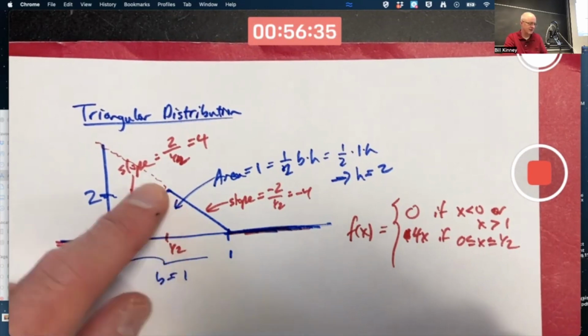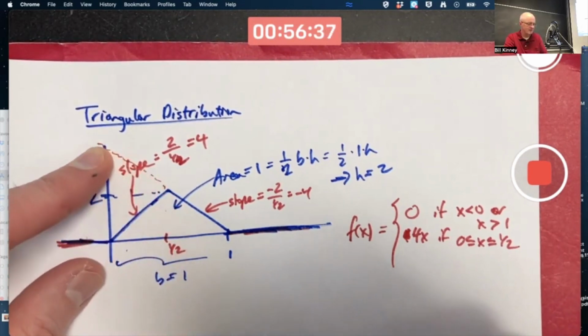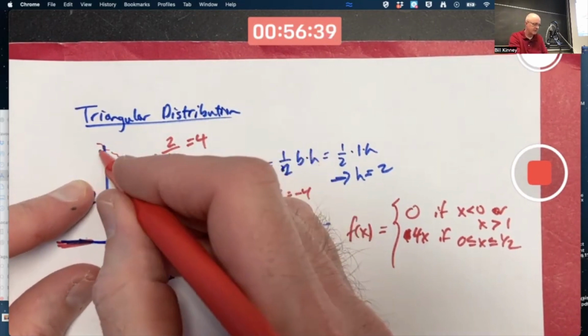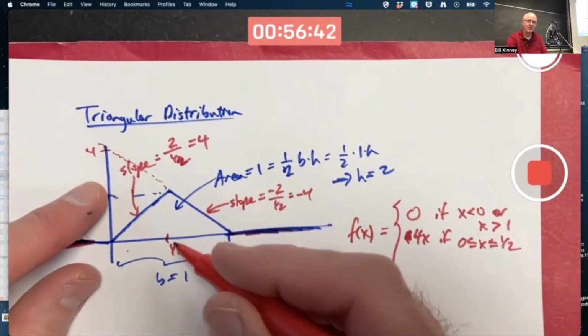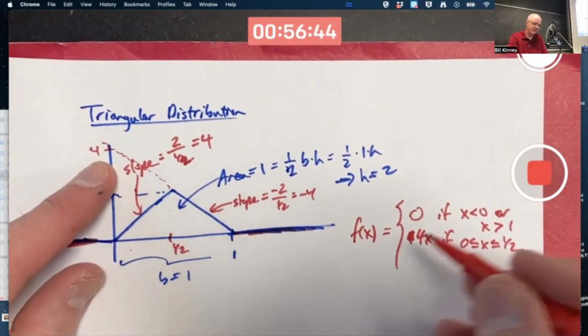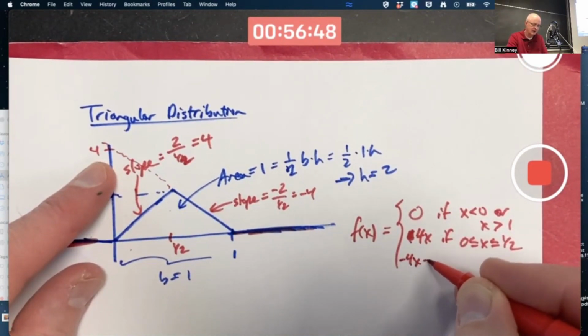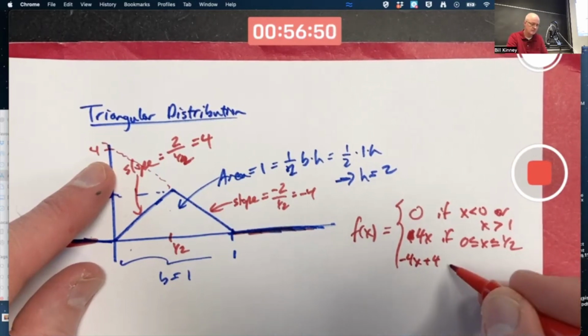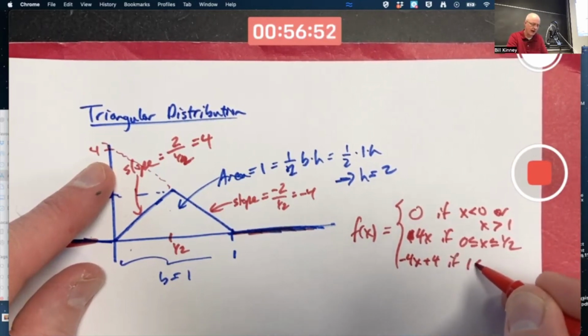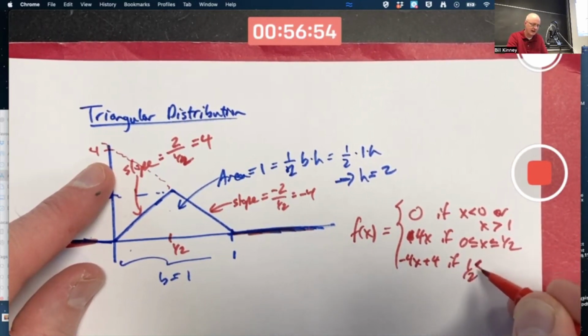If I drew this line backwards like this, you can see it's going to have a y-intercept up at 4. Now, that's not actually part of the graph. I just did that to help me find the formula. The formula is going to be -4x plus 4 if x is between 1/2 and 1.